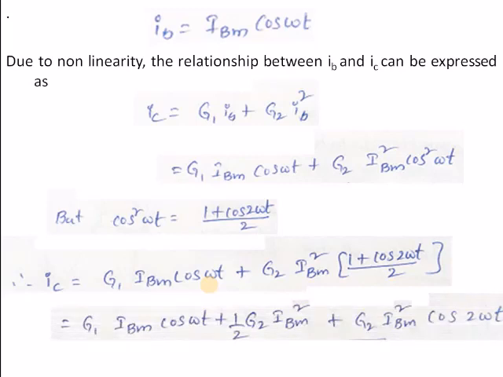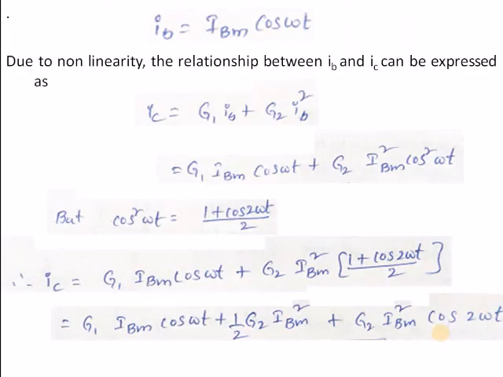And this can be written as G1 IBM cos omega t, and just multiplying the terms, plus 1 by 2 G2 IBM square plus 1 by 2 G2 IBM square cos 2 omega t.